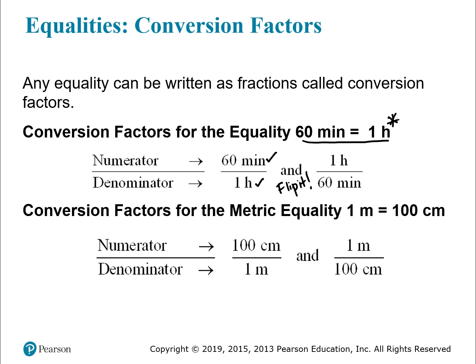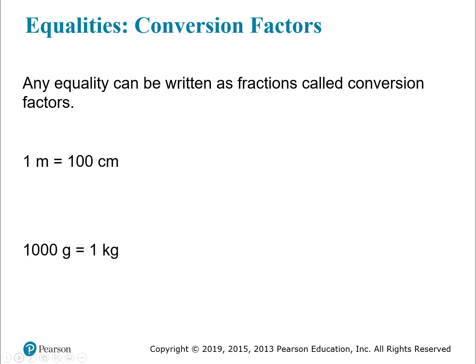So another example would be, we have this equality, 1 meter is equal to 100 centimeters. You take one number, put it in the numerator, put the other one in the denominator. Then you flip it for the second conversion factor. And we already did this one, so we're not going to redo this top one, but we can do this bottom one.